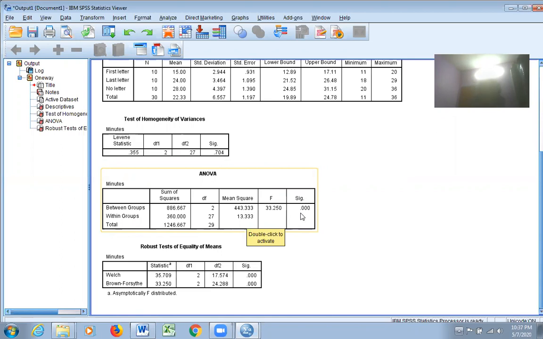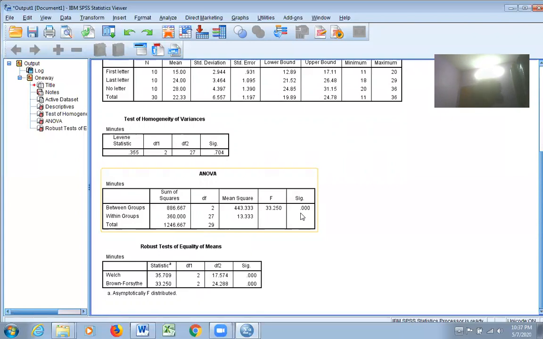It means that we can reject the null hypothesis and accept the alternative hypothesis. That is, there is a significant difference in the minutes taken by the respondents of the 3 groups: those who got the first letter as hint, those who got the last letter as hint, and those who did not get any letter as hint.